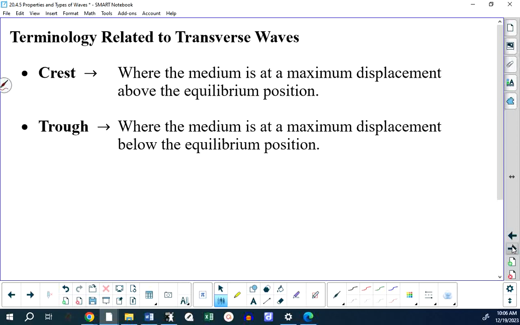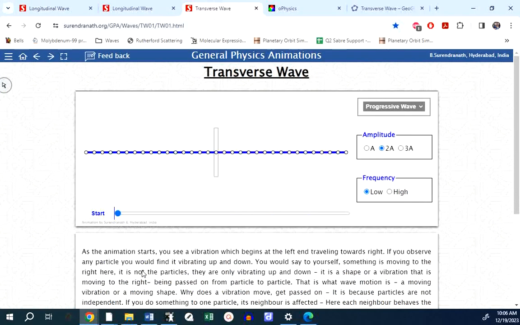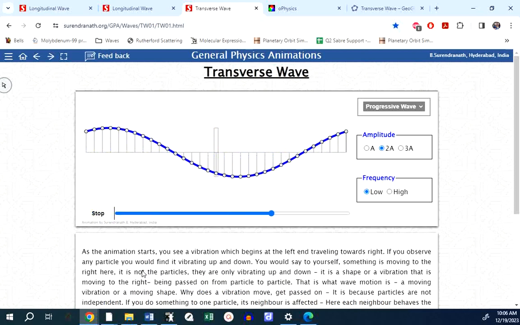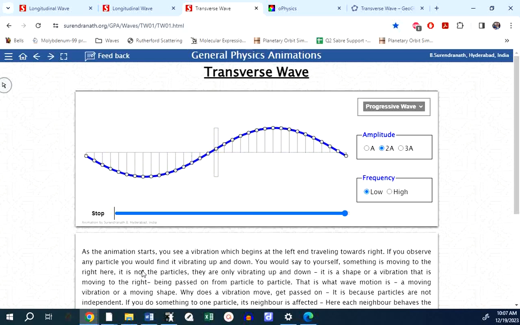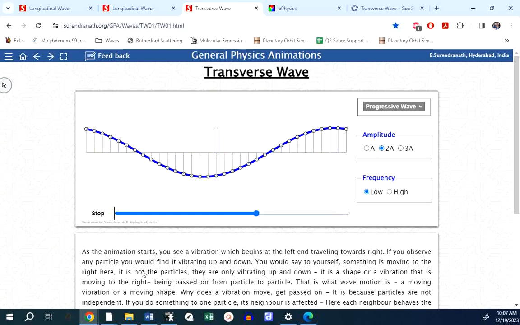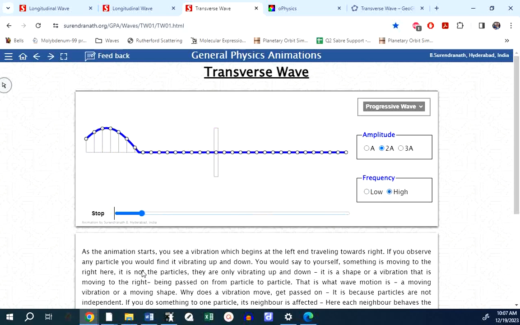And this goes back to the idea that, as I said before, can you have transverse waves where the medium is vibrating left and right and the energy is traveling towards the sky? Yes, you can, but we almost always draw them this way. So if I were to freeze this, I want to go to a higher frequency.